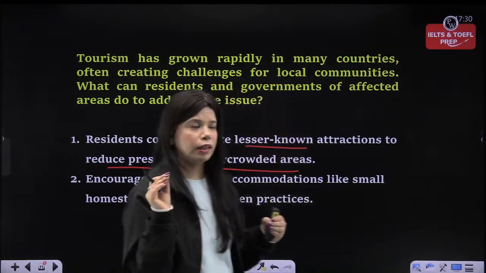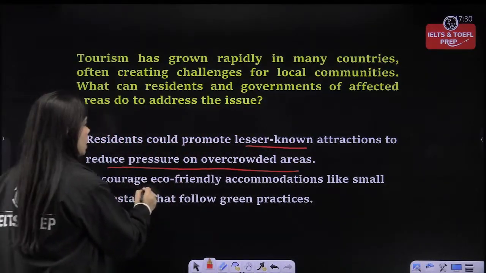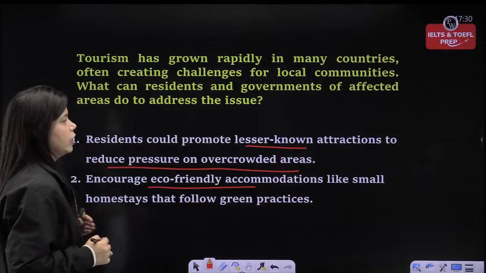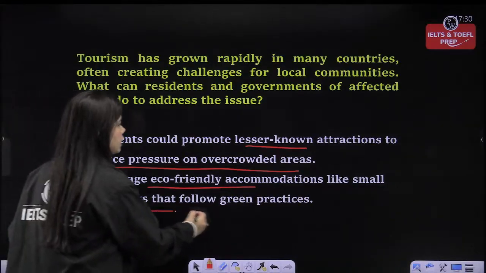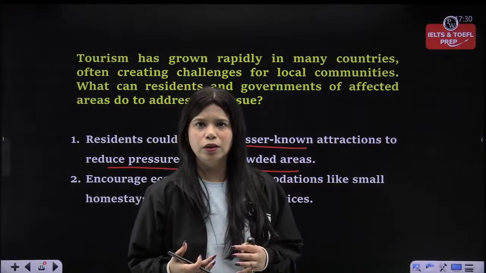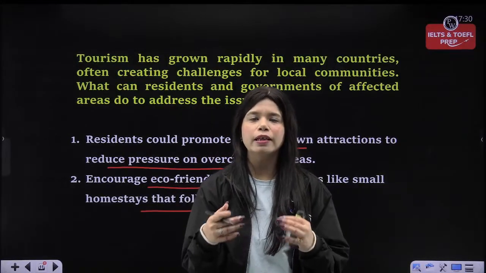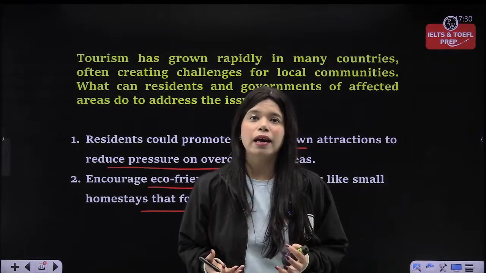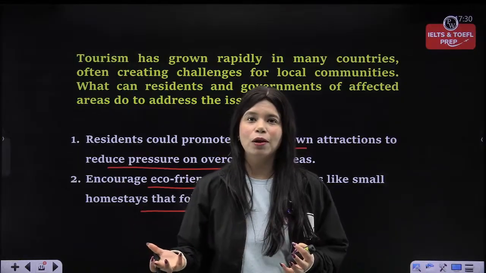That is something they can do. Solution number 2, encourage eco-friendly accommodations like small homestays that follow green practices. So rather than huge resorts and hotels, small homestays and hostels can be encouraged to promote ecotourism.